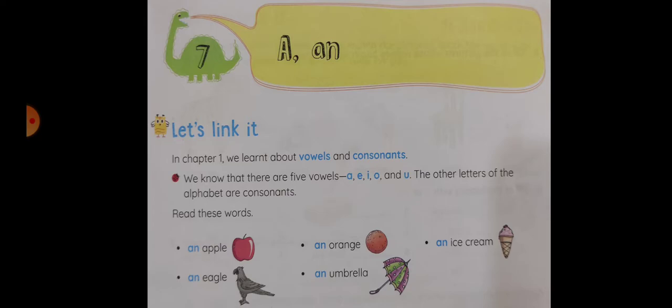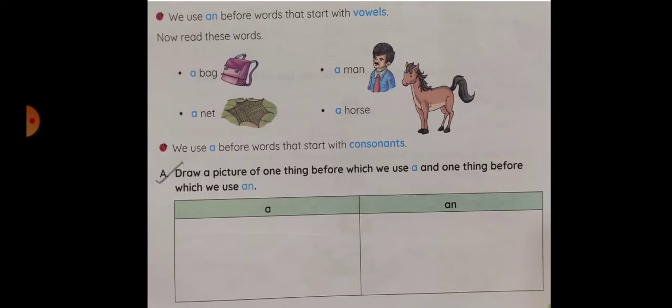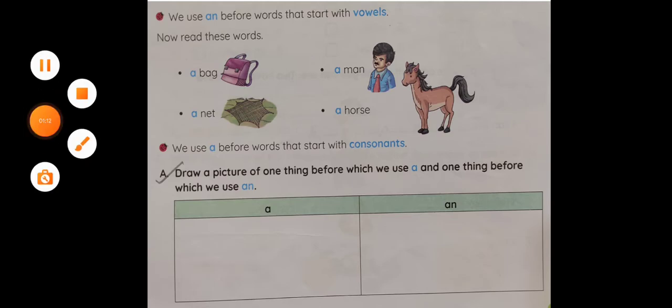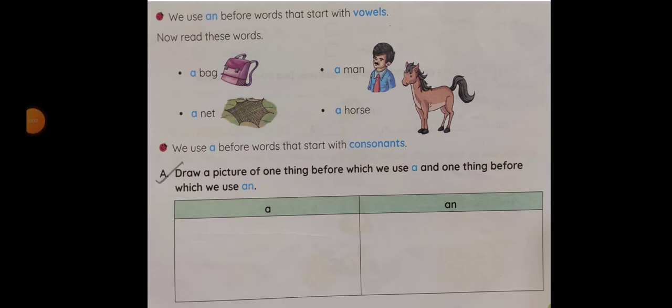Okay? Now we use "an" before words that start with vowels. Now read these words. A bag, a net, a man, a horse.